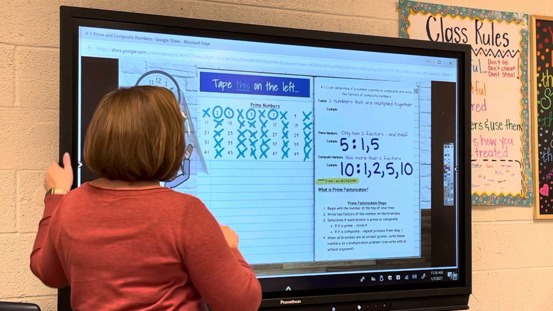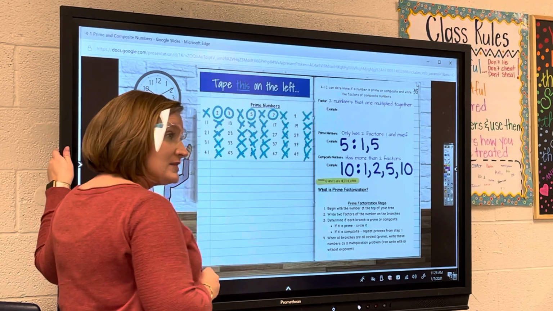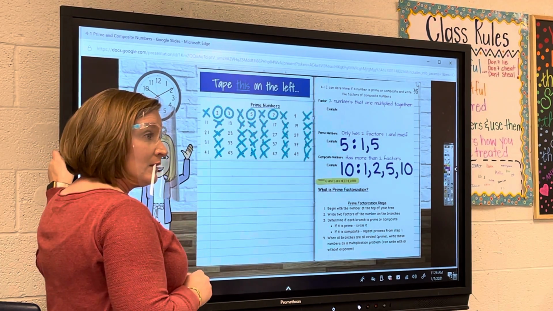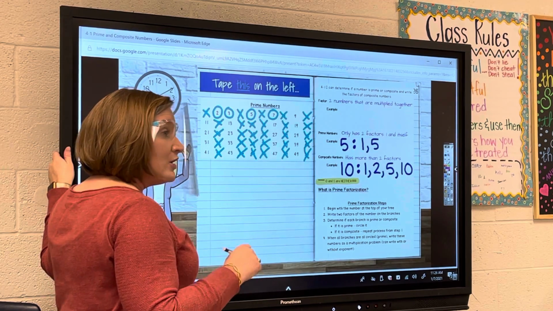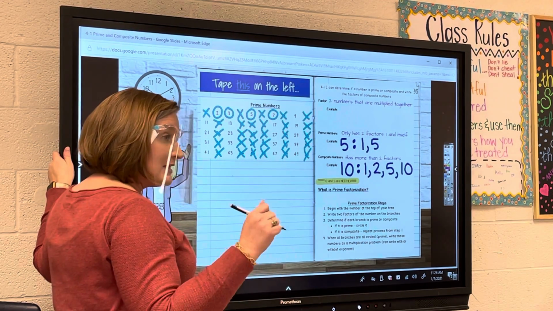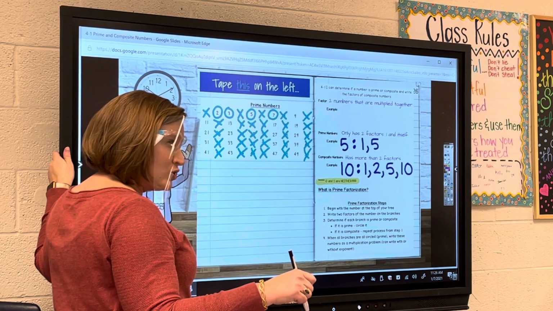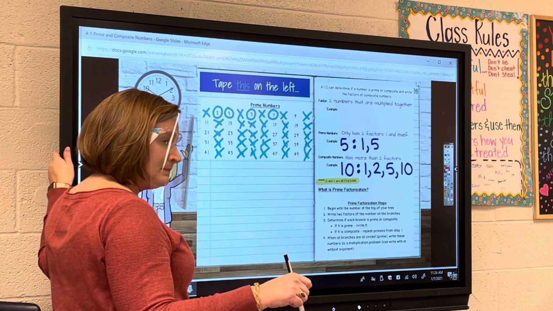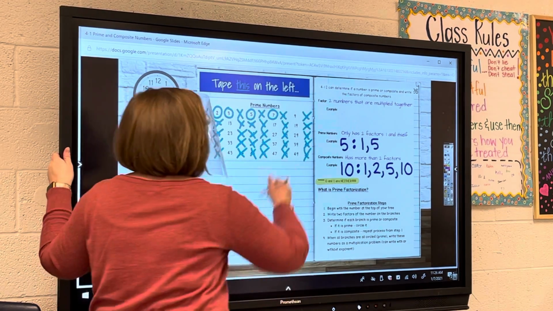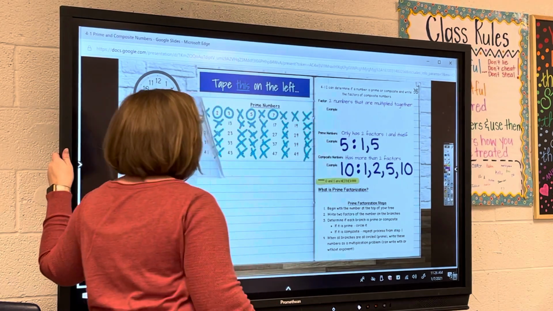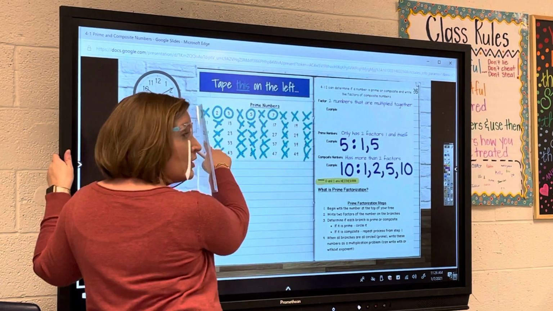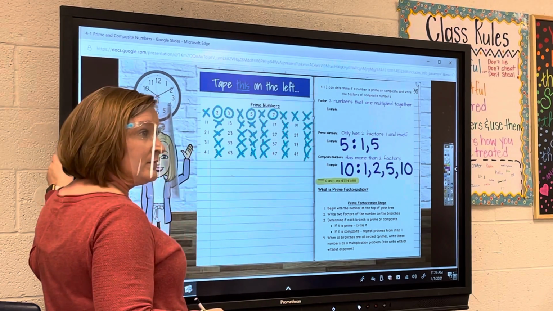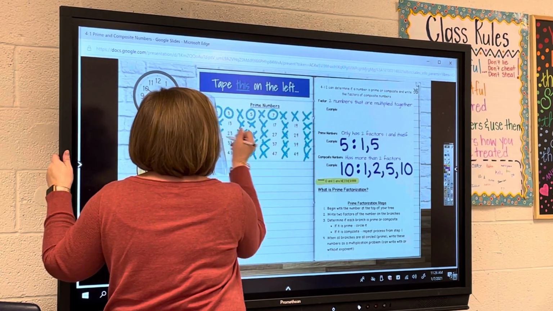Okay, so now, multiples of 3. Let's think about multiples of 3. We've already marked out all the even multiples of 3. Okay? So 3, 6, 9. What can you multiply 3 times to get 9? 3. So we can mark it out. 12 is even. 15 is a multiple of 5. 18 is even. 21, 3 times what? 7. 24 is even.